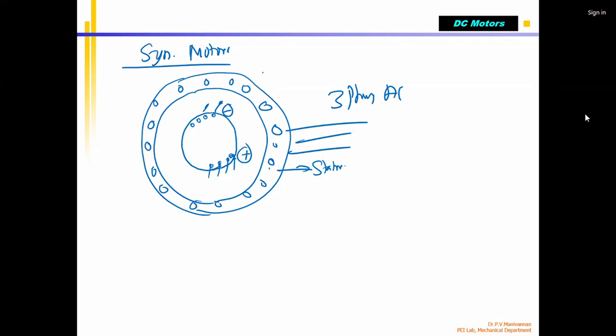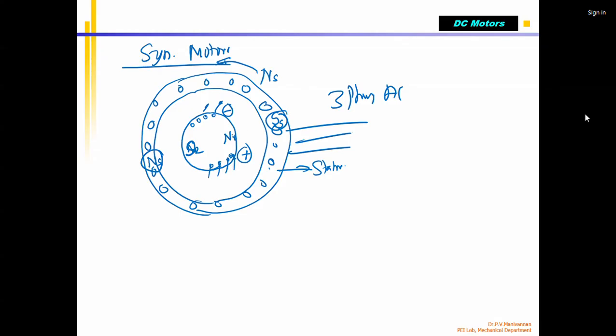Since you are supplying this, there is a rotating magnetic field rotating at synchronous speed Ns, correct? In this direction. This is the south pole of the stator's rotating magnetic field, and at the same time, this is the north pole of the rotor, and this is the south pole of the rotor.